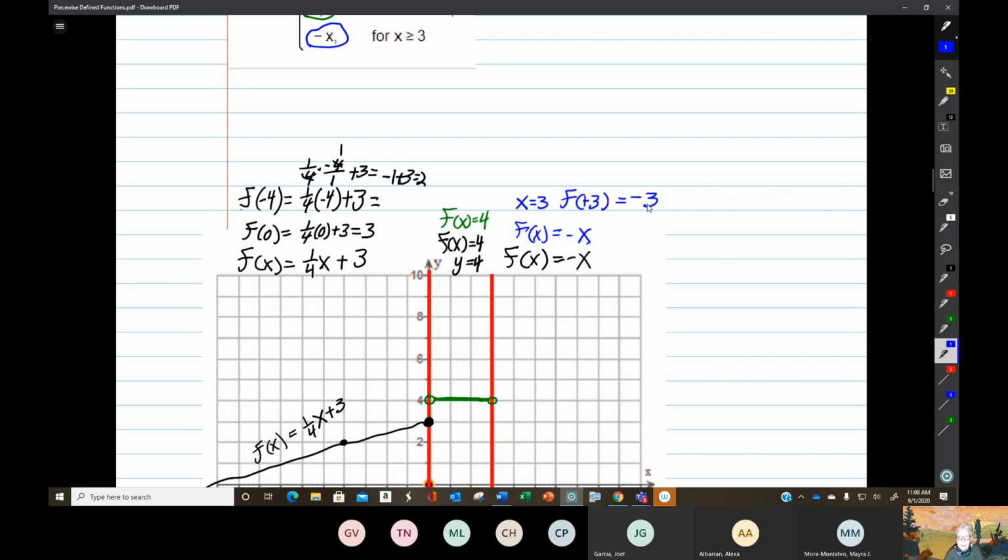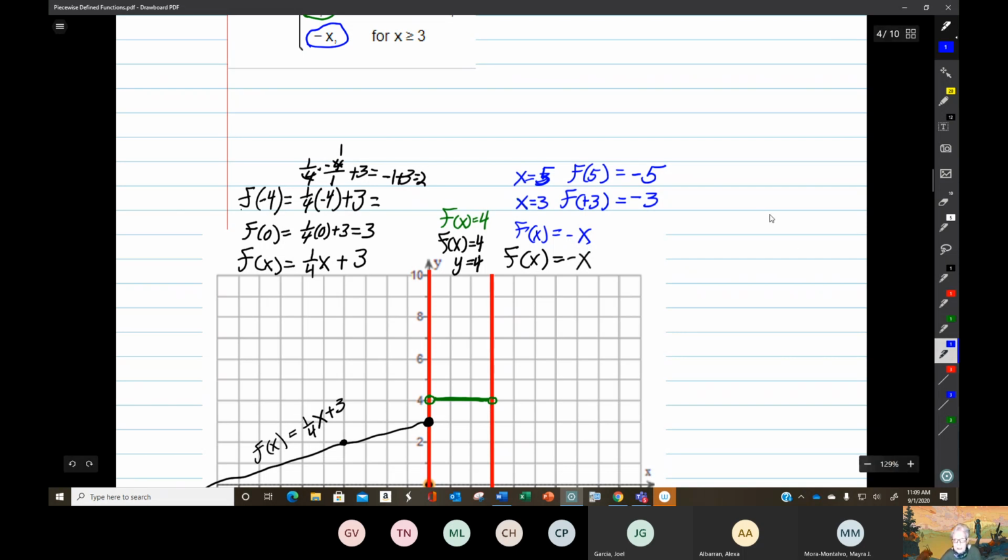And I might as well choose another point while I'm here. Any point, we could choose any point. How about x equals 5, as long as it's to the right of 3? Right, because we have f of x equals negative x. Whatever I put in here, I put in for the x, but there's a negative sign in front of it first.